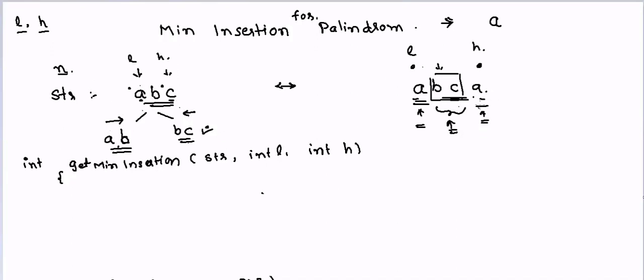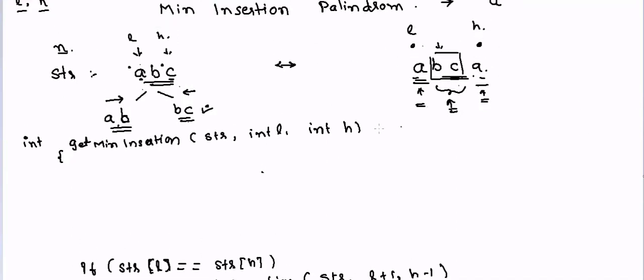So because we wanted to get the minimum character insertion, we'll return integer max. So there is one base condition: if L is greater than H, we need to return some large number or int max. That is fine with us.